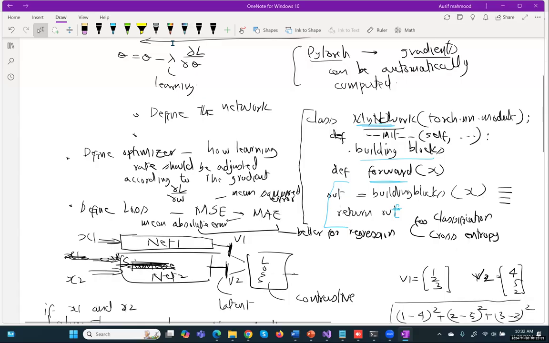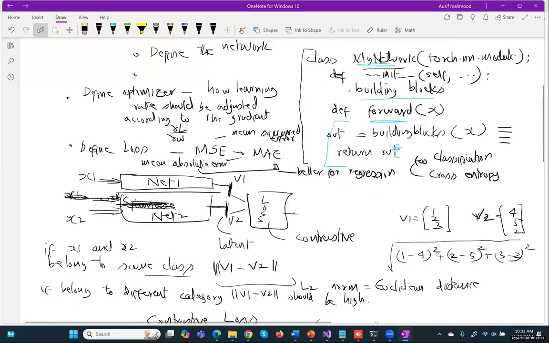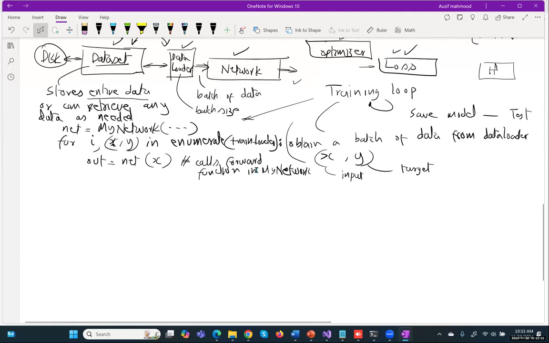So when we create an object of the network and we pass the data to it, we don't call the forward function explicitly, we simply write it like this: net of X, and this calls the forward function in the MyNetwork, right? So once you have obtained the output from your network, right, now you will pass it to your loss function.